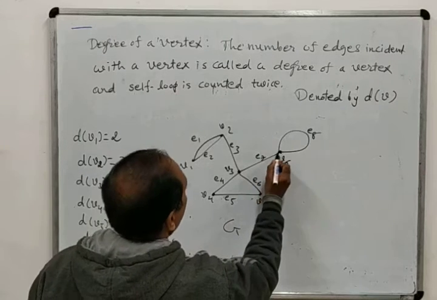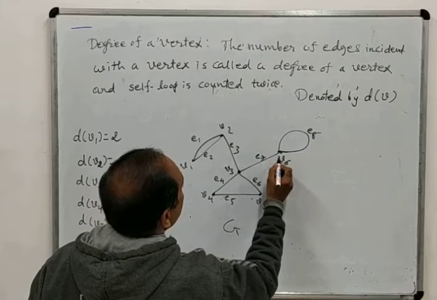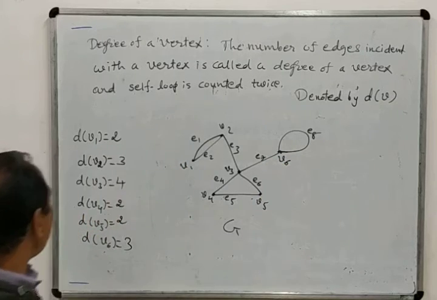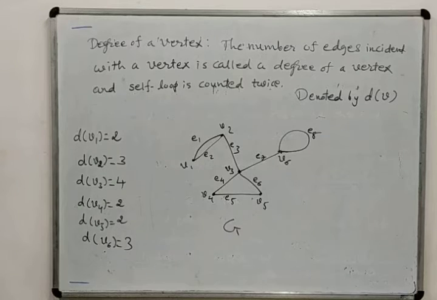However, you can see the number of lines emerging at V6 is known as the degree of that vertex. So you must observe how to find the degree of a vertex. Note this down. Then we will see a very important theorem, and this theorem can also be asked in the examination.